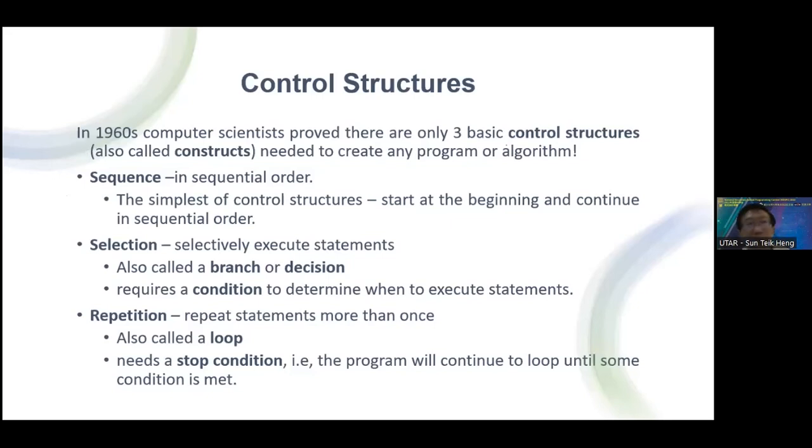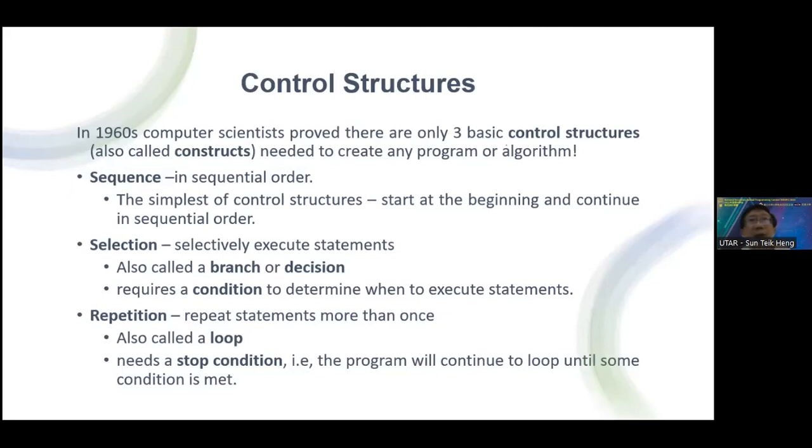By knowing these three things, you are able to produce any program. Just three things only. Now, sequence. In fact, just now you have already experienced all these three things in the earlier slides. Remember frying the egg, the algorithm to fry an egg? I mentioned step 1, heat up the pan. Step 2, pour oil onto the pan.